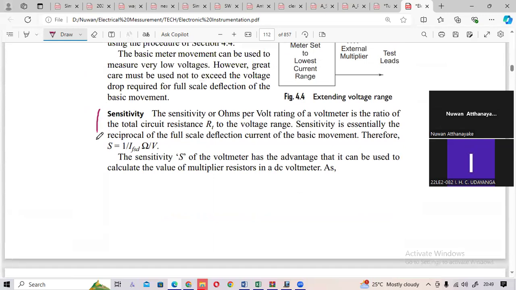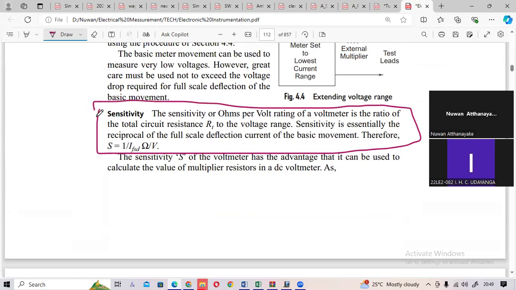And also just see this sensitivity. Learn these sensitivity terms. We will learn this later, but also just focus on this.